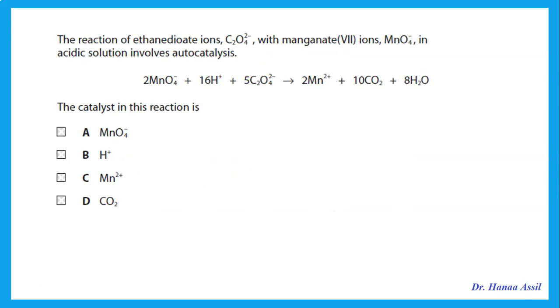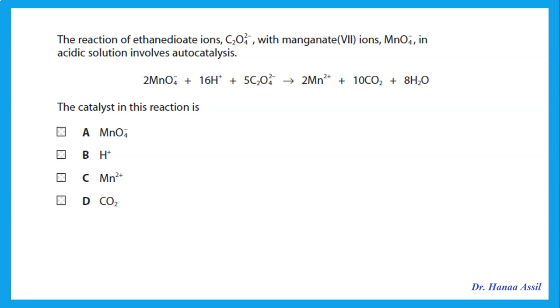This is another reaction that you should be aware of. This manganate with the ethanedioate ion forms manganese 2 plus, carbon dioxide and water. This is an example of autocatalysis. Autocatalysis means one of the products that is formed from the reaction acts as a catalyst.